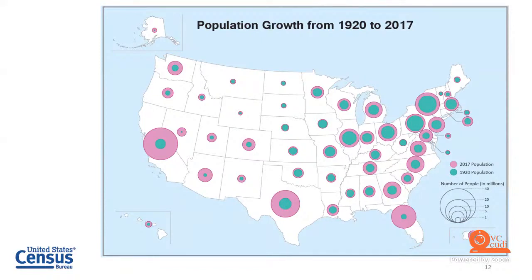California's purple circle, the 2017 population, which is close to 40 million, is represented by a large circle that's roughly the same size as the largest one on the legend, which is 40 million. So this is how the reader can understand the size of the circle on the map, through a legend like this. Next slide, please.